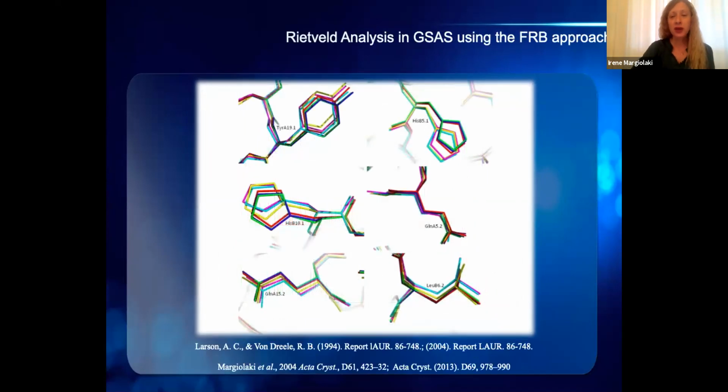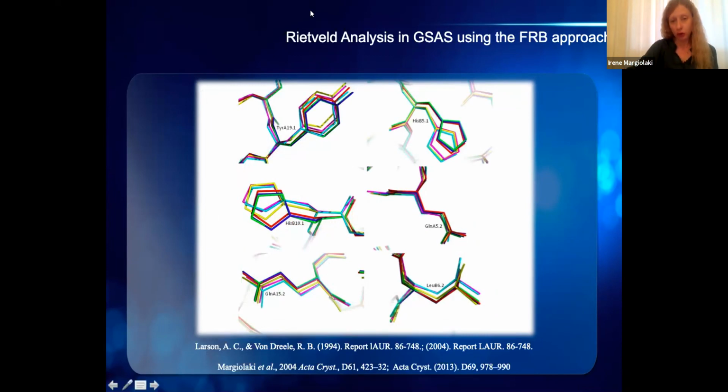In order to refine our structures, Bob von Dreele has produced this nice software called GSAS. He modified it for proteins, for protein data. And a few years ago, he produced a technique to help us refine our complex molecules in a simpler way.